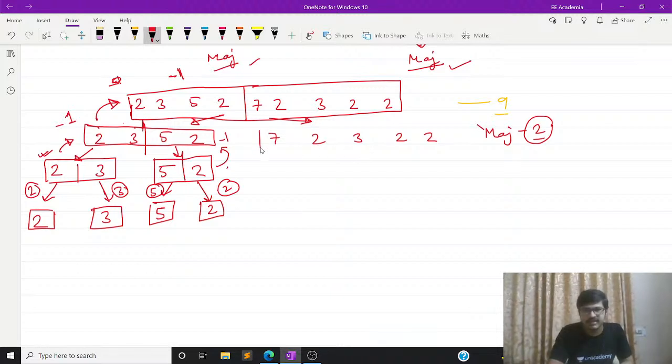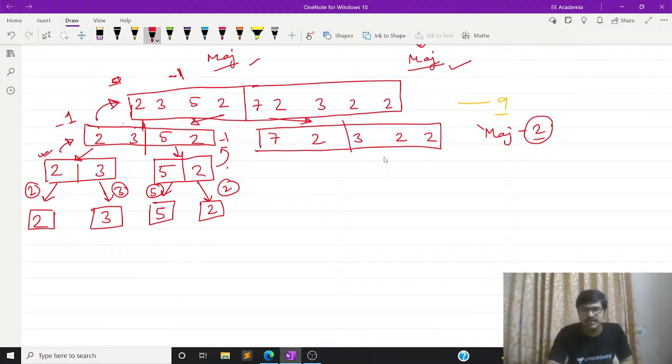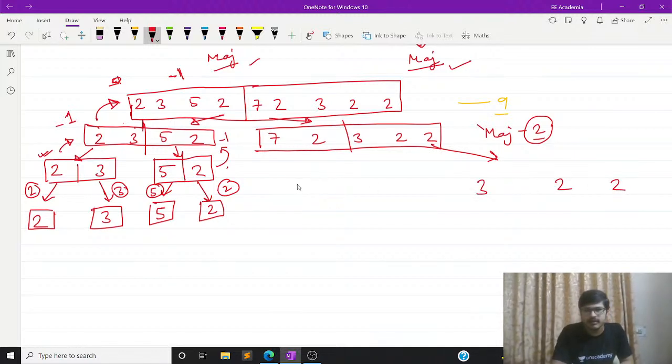Now let's come to this right half and see what we can do here. So I divide this into 2 halves. I will take some more space here and write it. This left half contains 2 elements. Again divide them. The right half contains 3 elements.